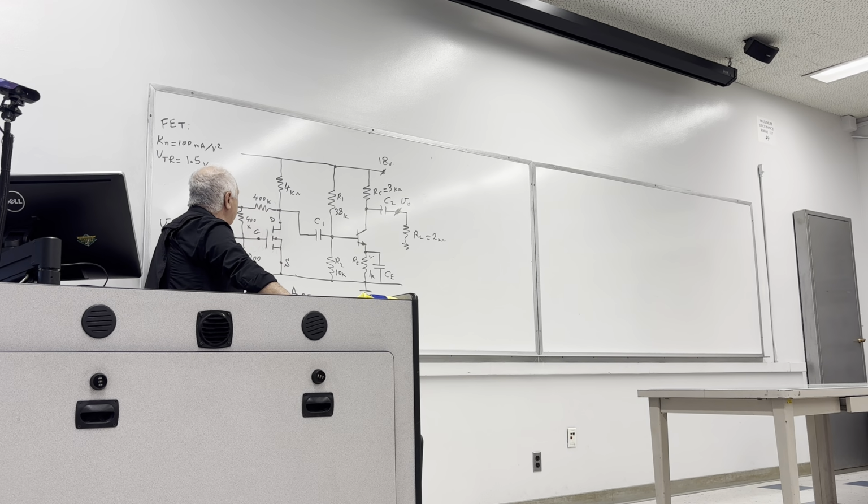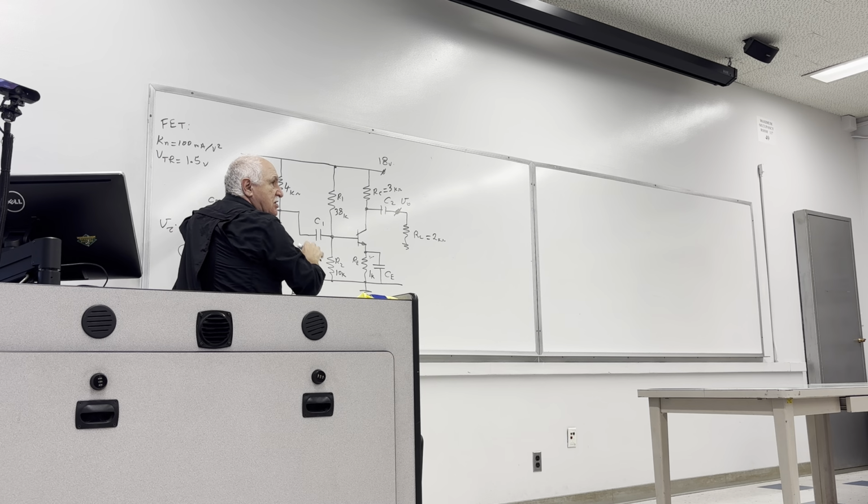The purpose of that capacitor is to stop the feedback from the collector of that transistor going back to the input. If it wasn't there, as the input rises here, the drain voltage will tend to go down, opposing the rising voltage in here, and it would reduce the actual input.